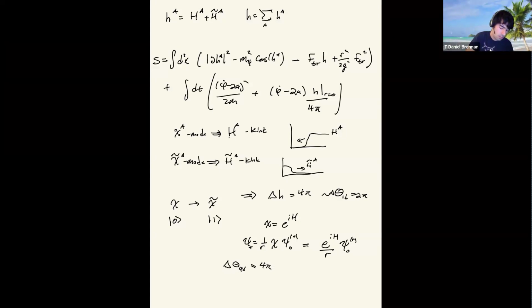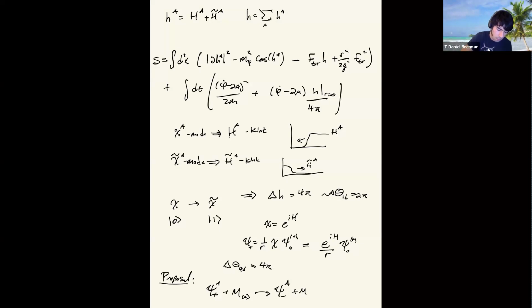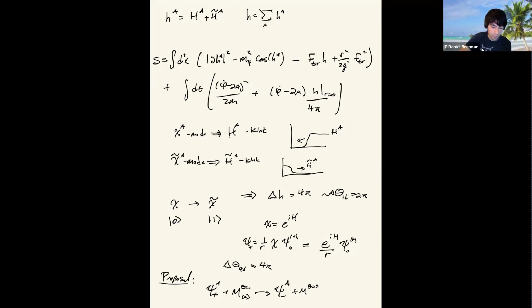And so my proposal for the resolution to the Callan-Rubakov problem is really that if you have some psi plus mode that scatters off the monopole, whose vacuum state for psi is theta equals 0, what you find is that you get some psi minus mode coming out plus m, where now the theta has shifted by 2 pi in the one-dimensional quantum mechanics, so that the vacuum state of the monopole is the one state.